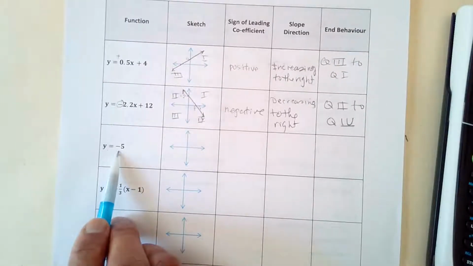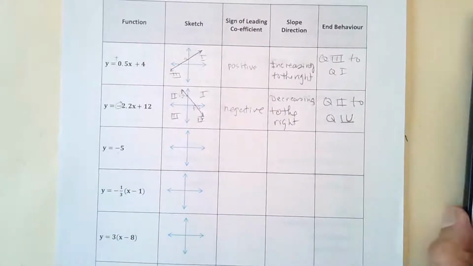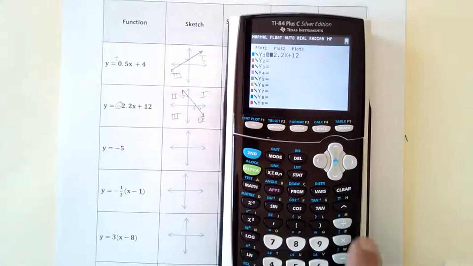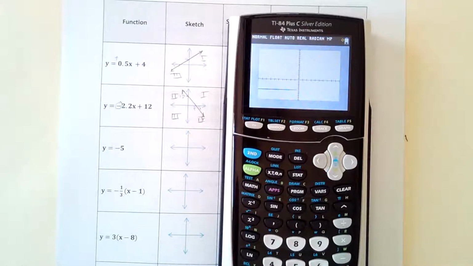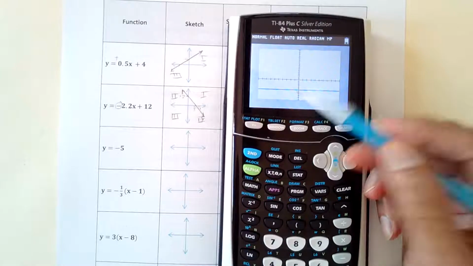There are 6 here, and I'll just do the first few of these here. And you have y equal to negative 5 here. So this is a horizontal line. If I were to go to my calculator here and make y equal to negative 5, I should have a horizontal line going through y equal negative 5.